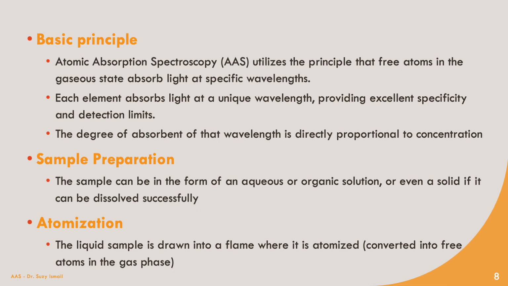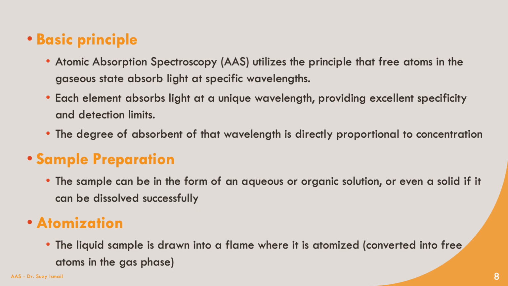And imagine each element having its own favorite color of light, that is, light that they love to absorb. This is what gives AAS such great specificity and detection limits, because each element absorbs a unique wavelength.